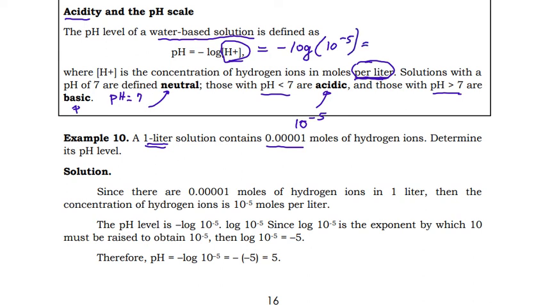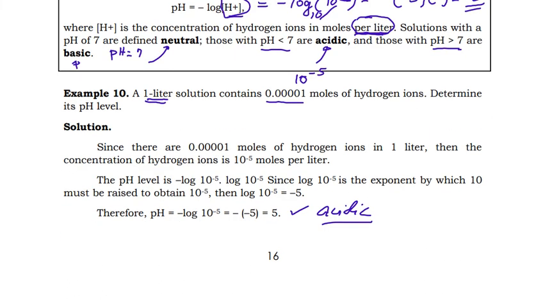Very simple. We can write the numerical coefficient as 1, and that is negative of negative 5 times positive 1, and therefore the answer is positive 5. So the pH level is 5, and therefore this solution is considered acidic because it is less than 7.